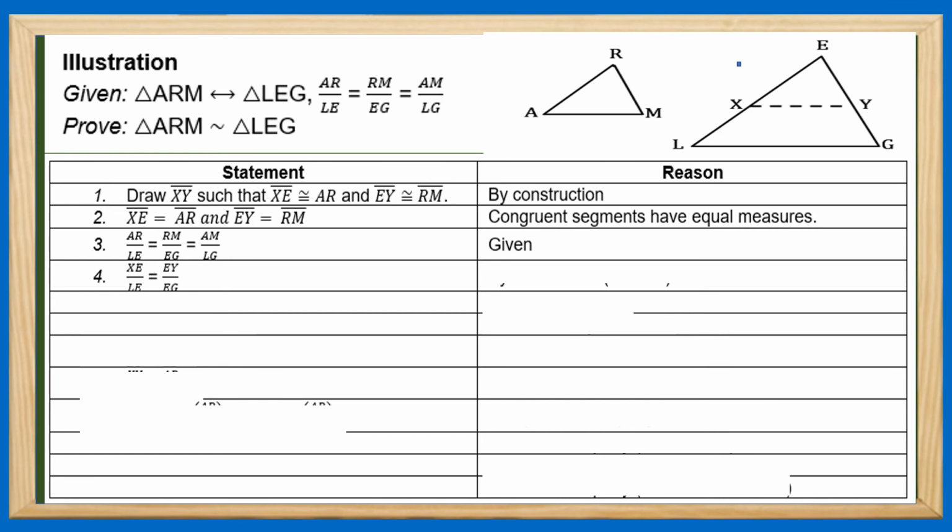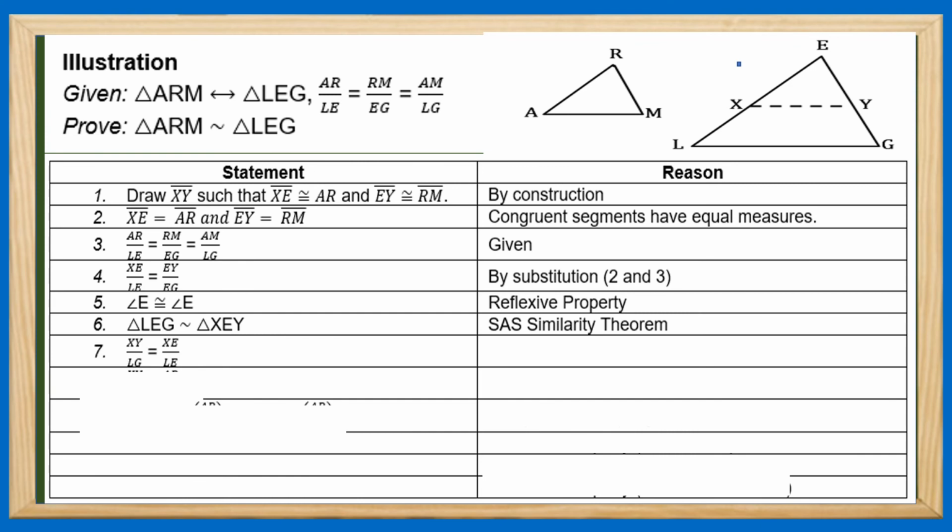So we can say that XE is to LE is equal to EY to EG by substitution using statements 2 and 3. Then angle E is congruent to angle E itself, of course, by the reflexive property. Therefore, triangle LEG is similar to triangle XEY by the SAS Similarity Theorem.